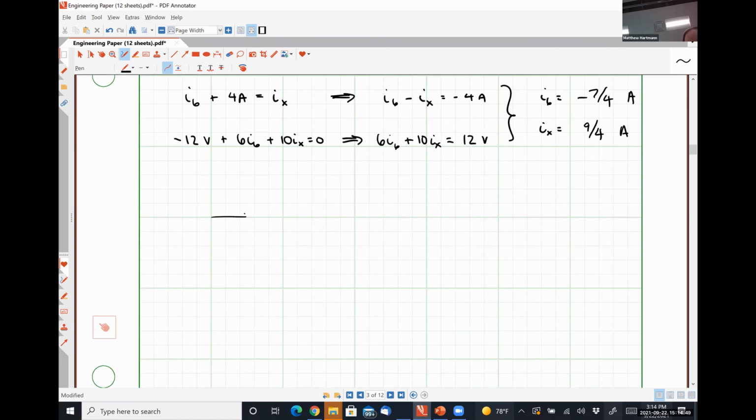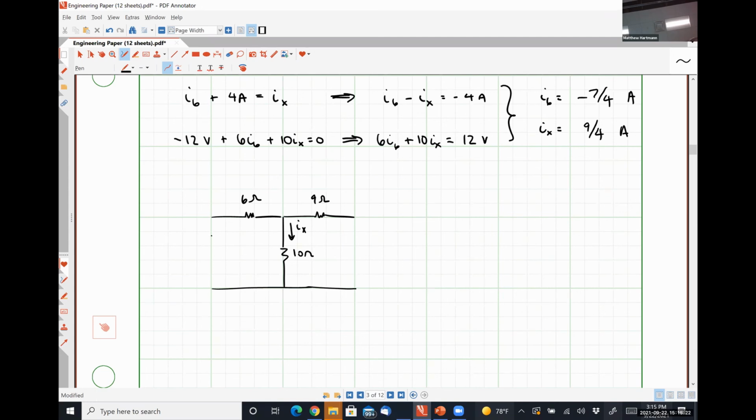Here's my 6 ohm resistor. Here's my 10 ohm resistor through which I'm trying to find some value Ix. Here is my 9 ohm resistor. So what does it mean when I scale my voltage by a factor of -3? If I had 6 volts in my original system, I would now have -18 volts, right?